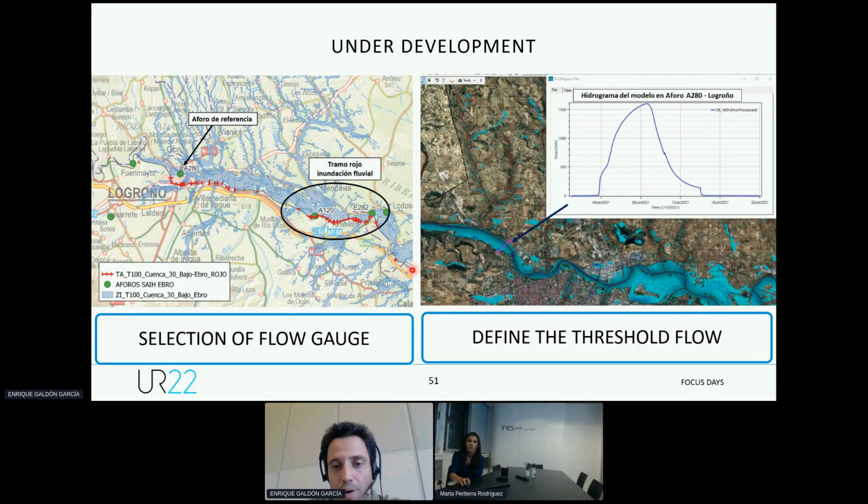This way we establish the threshold, and we can establish an alert based on that value of flow. Additionally, the model would allow knowing how much time it's going to take from this point to our lower section, that we're analyzing, for the flow to reach. So we could have 5 day prediction plus the time that the flow takes to reach down here. That would give enough time, maybe not to implement a mitigation measure, but yes, an emergency response plan.